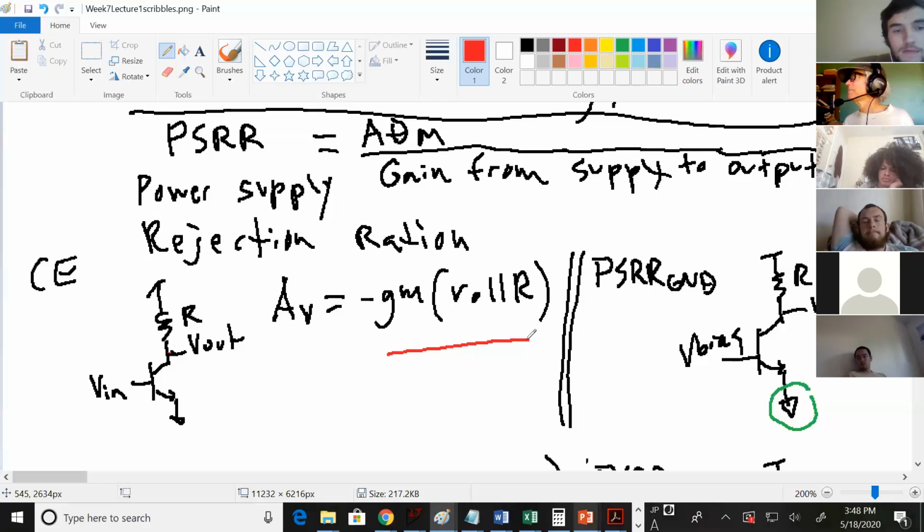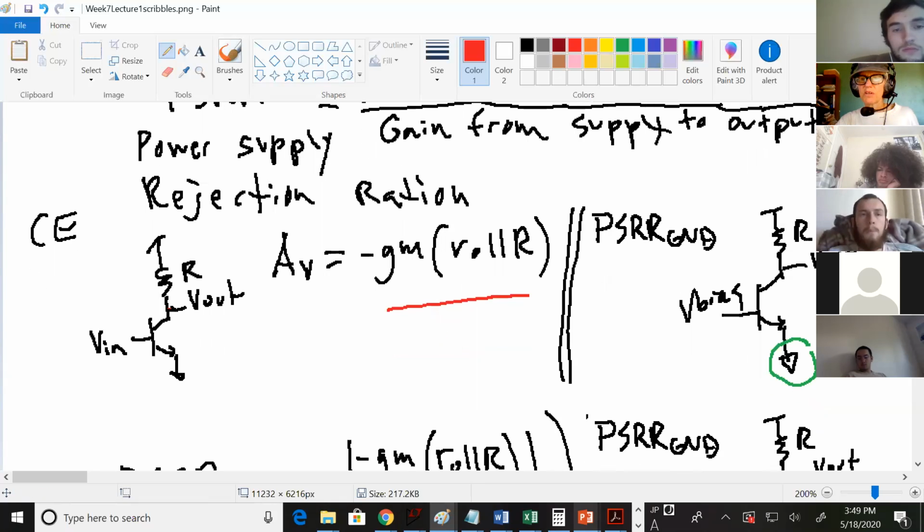That's your numerator. Now you want to see if there's noise on the supply. Power supply rejection ratio is either from the ground to the output or from the supply to the output. There's no power supply rejection ratio that goes from both the ground and the supply at the same time. So you have to pick either ground or the supply. This one, I picked ground. Here's my common emitter.